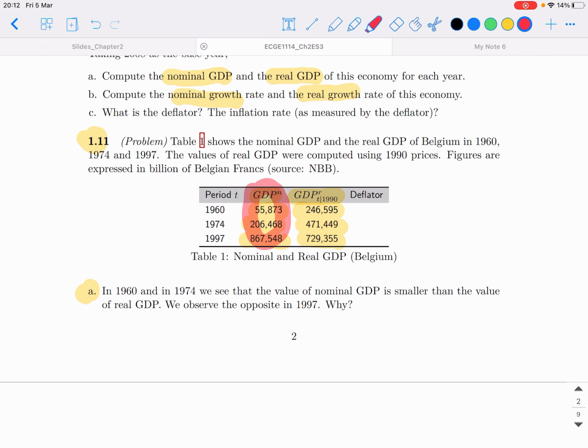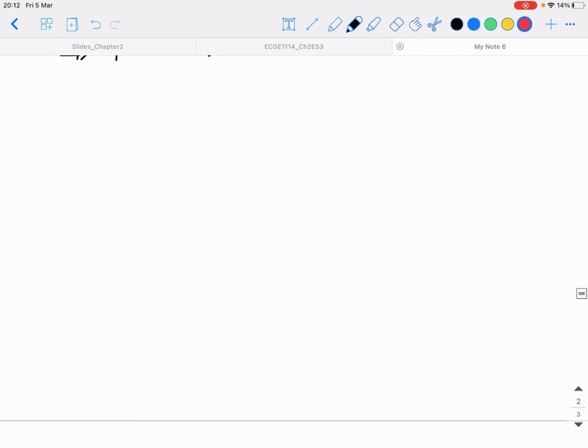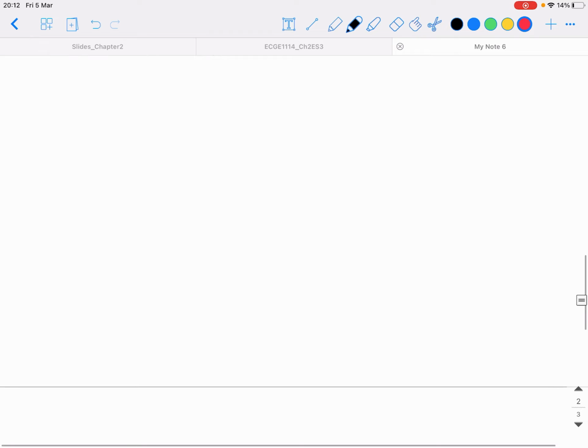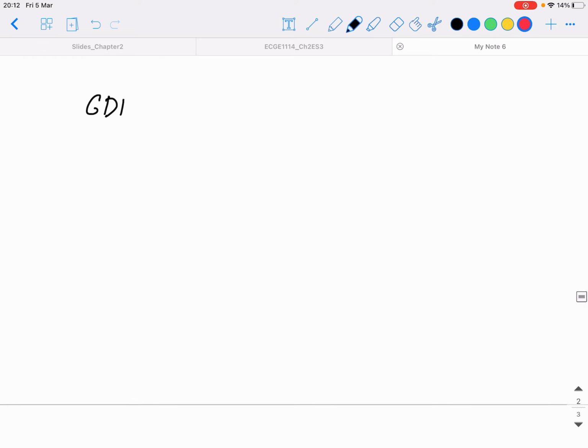So I will just write here that in the first case, GDP nominal is smaller than GDP real. But what we have here is that the price of 1960 is smaller than the price of 1990.